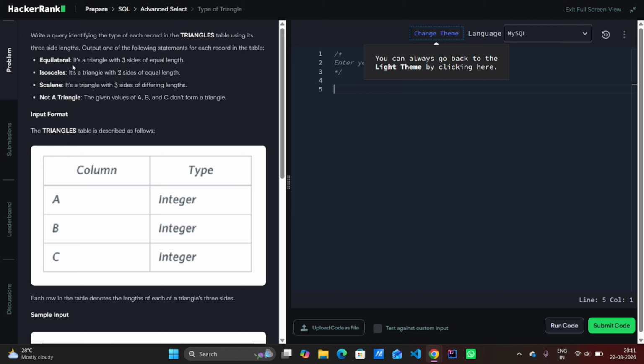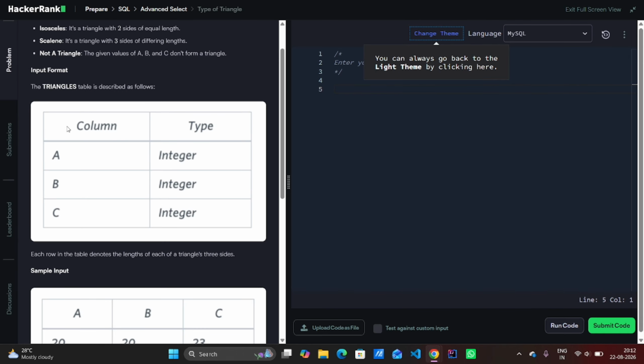Equilateral: a triangle with three sides of equal length. Isosceles: a triangle with two sides of equal length. Scalene: a triangle with three sides of different lengths. And not a triangle: the given values of A, B, and C don't form a triangle.